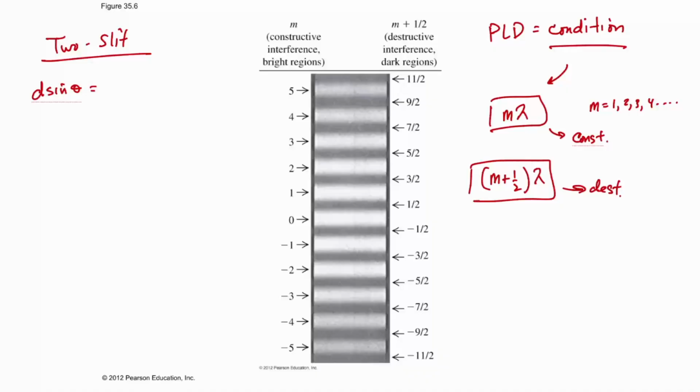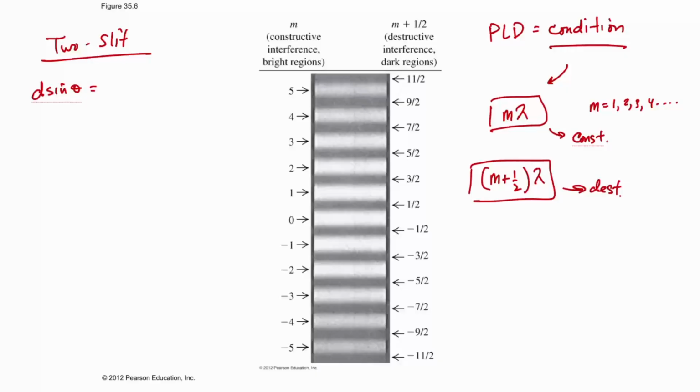And constructive interference, what does that correspond to in the visual pattern? A bright fringe or a dark fringe? Constructive would be a bright fringe, right? We're building the waves together, so it's going to be bright. And what would destructive interference be? The dark fringe.